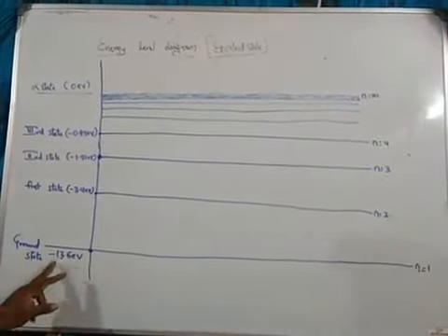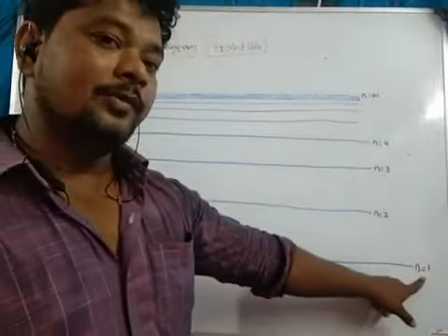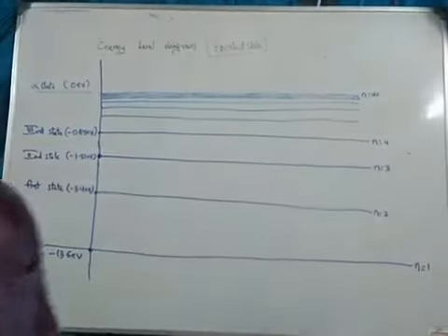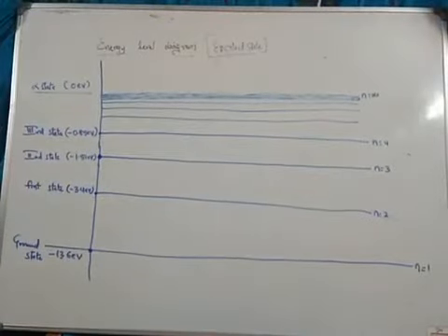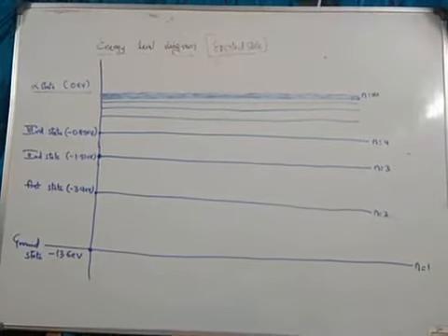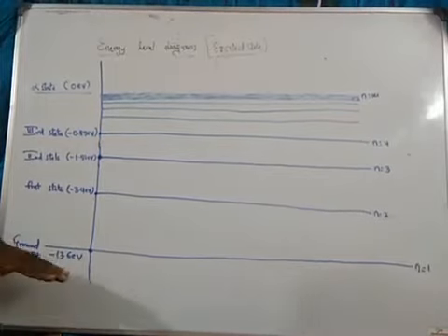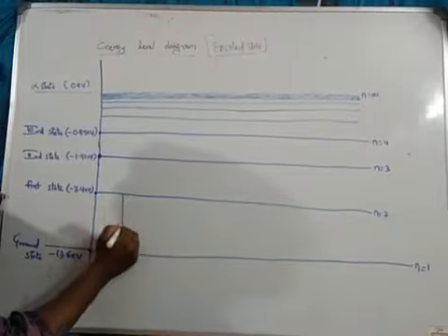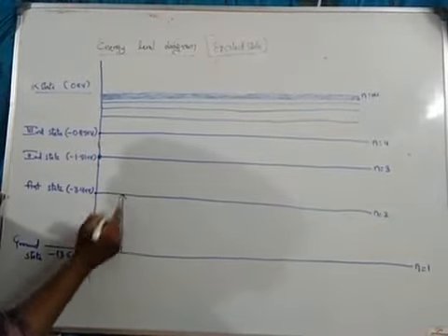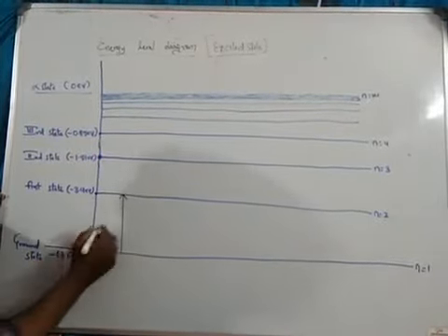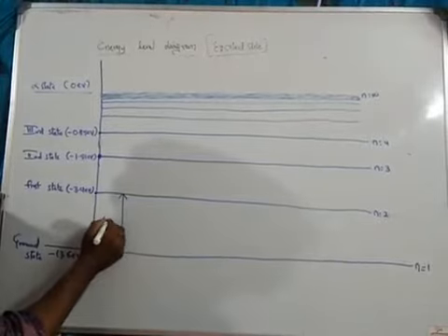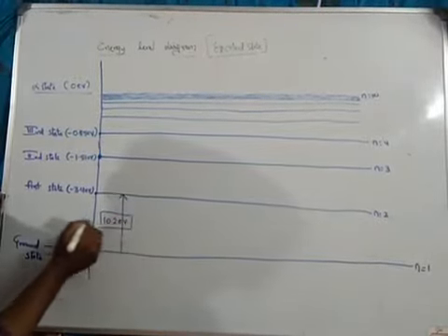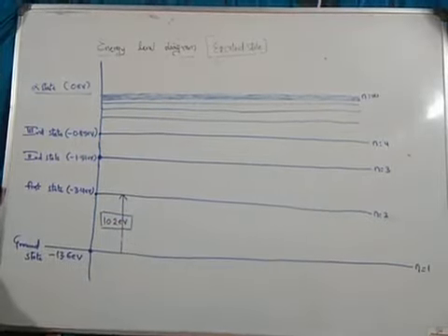The ground state is the first shell, then second shell, third shell, fourth shell, up to infinity. Whenever we give some energy to move from ground state to first state, we have to give 10.2 electron volt as energy.